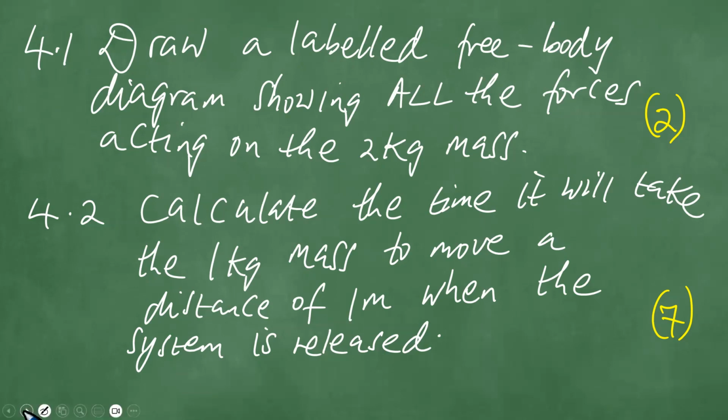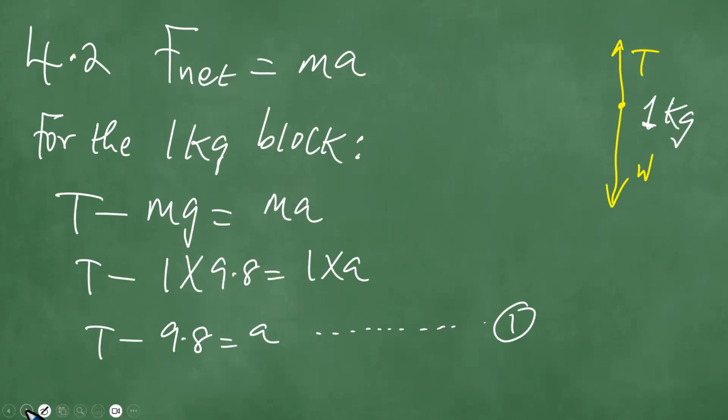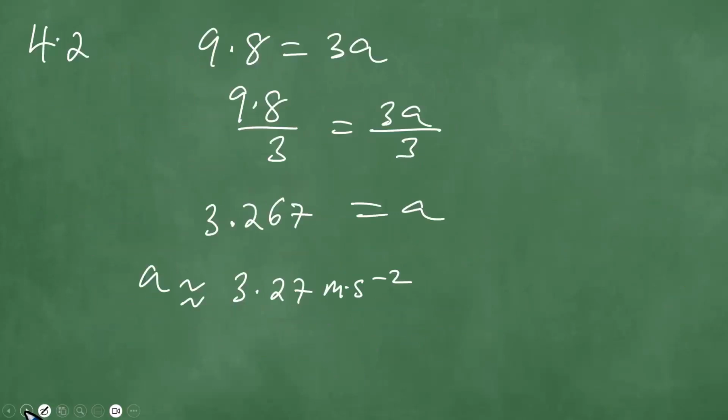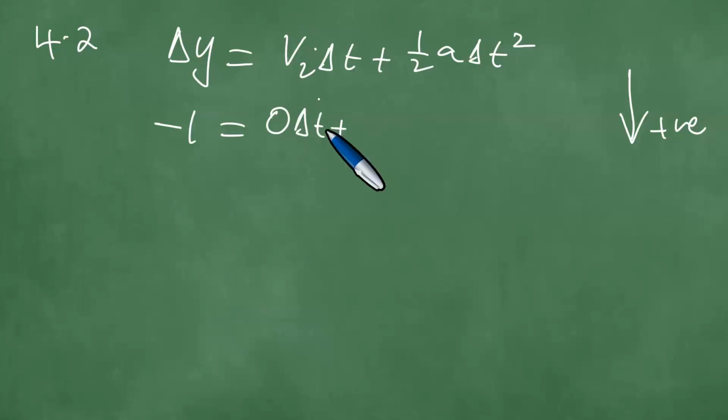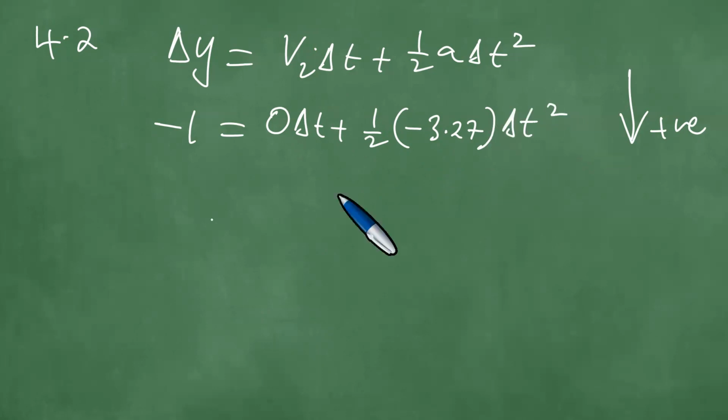If we consider downward as positive, we're choosing downwards as positive, and therefore it's going to go up by minus 1 meter. It was initially at rest, and therefore you have 0 delta t, 0 initial velocity. Half into the acceleration is going to be up, and therefore it's going to be minus 3.27 delta t squared.